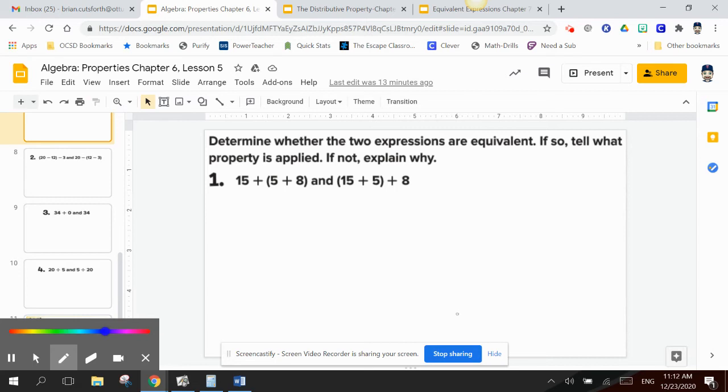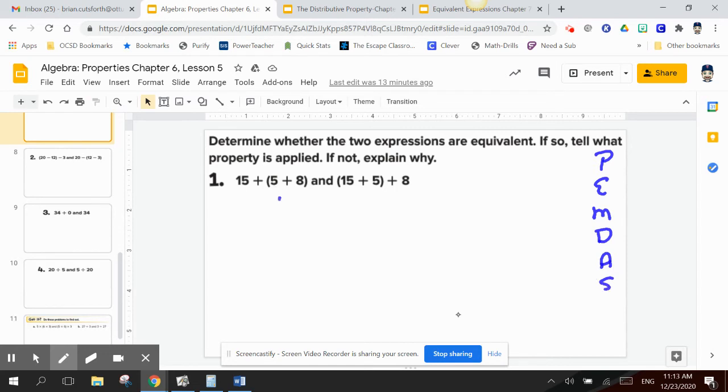If not, explain why. So when I look at these two here, again, we want to focus on our PEMDAS, our order of operations. So we're going to take parentheses first. 5 plus 8 is 13, plus 15 is 28.